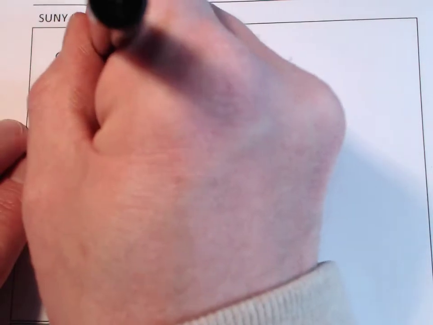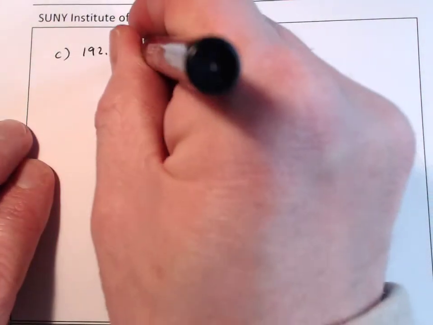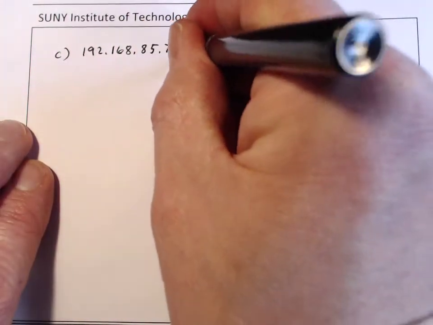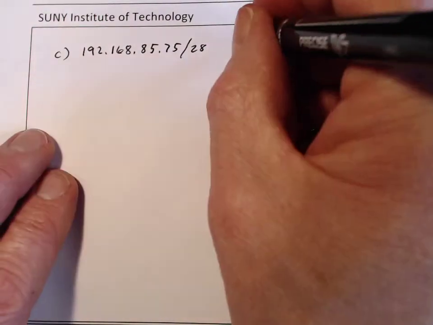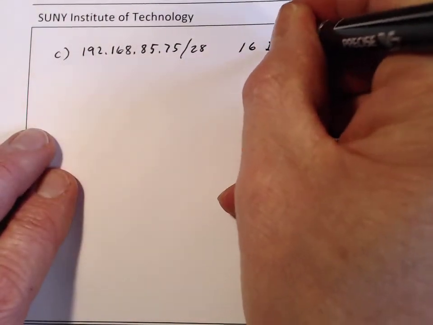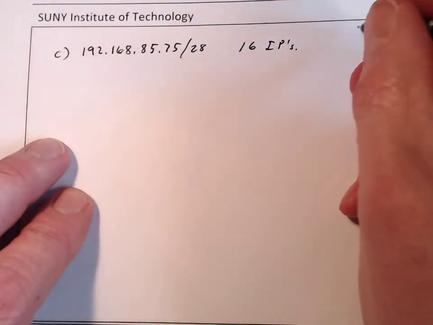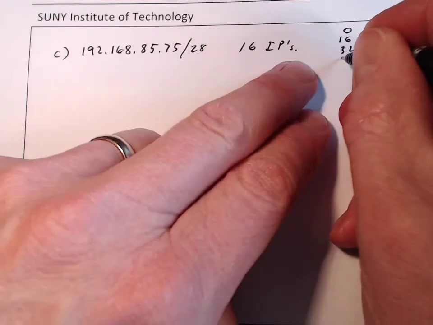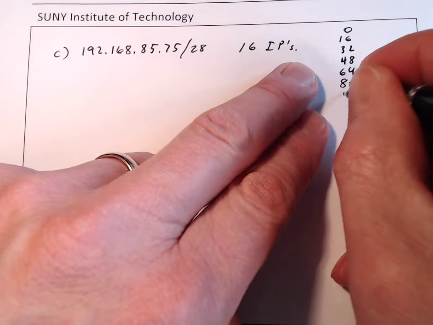For part C, it was 192.168.85.75/28. This is a private IP space. A /28 has 2 to the 4th, or 16 IPs in it. Now I'm going to count by 16: 0, 16, 32, 48, 64, 80, 96.